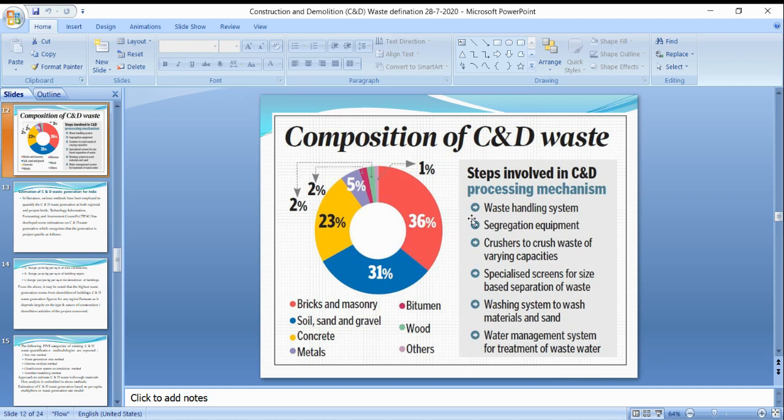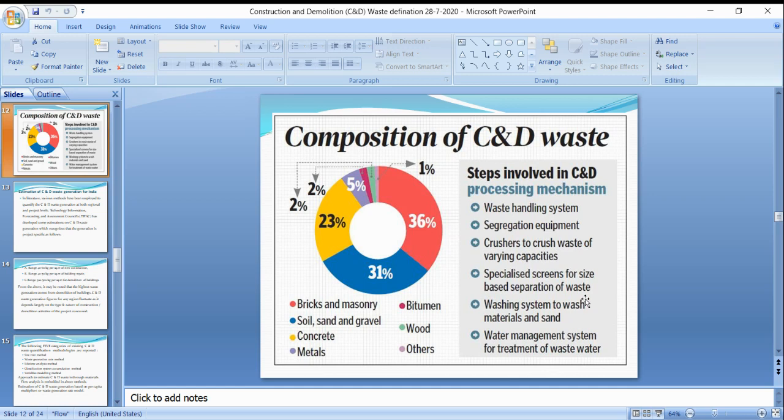So waste handling after the construction or demolition is required. For any construction, it requires segregation equipment. Crushers, if any waste is generated, that should be crushed for reuse or recycling.